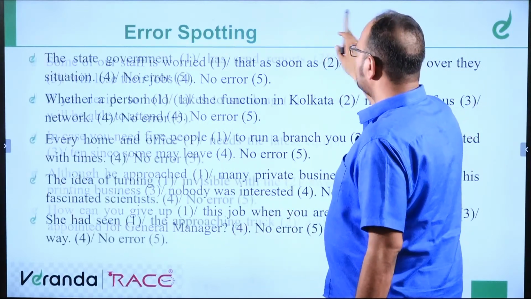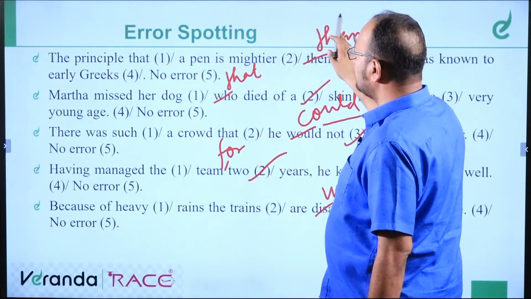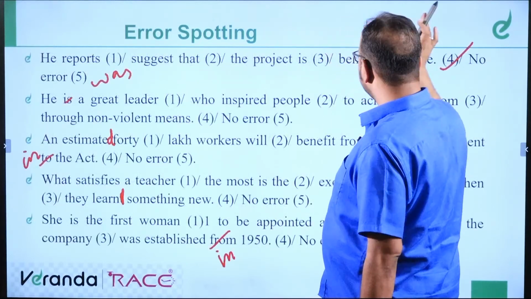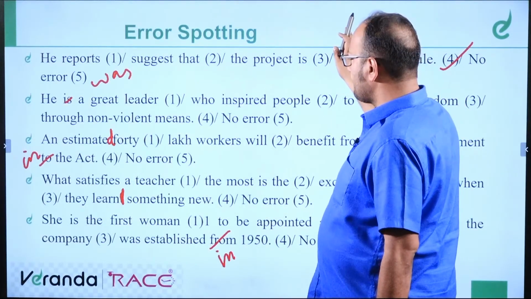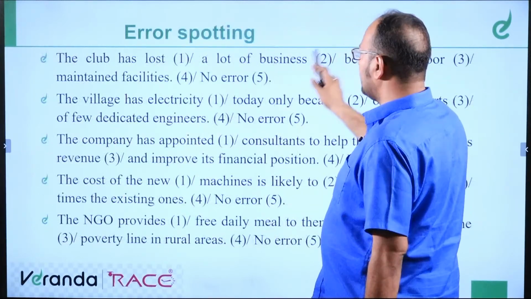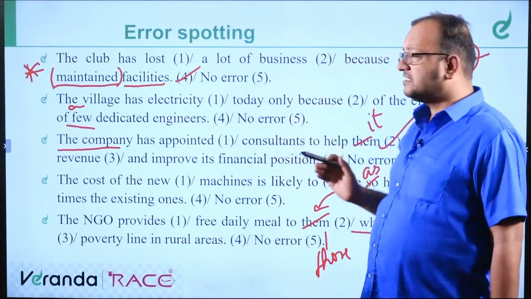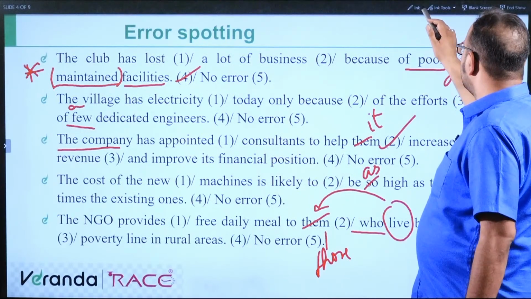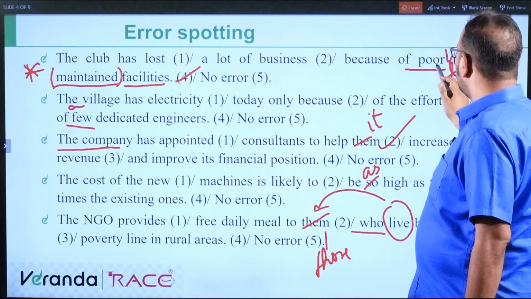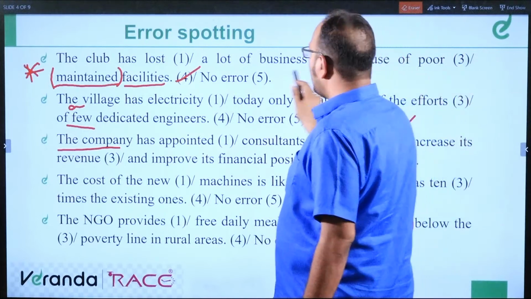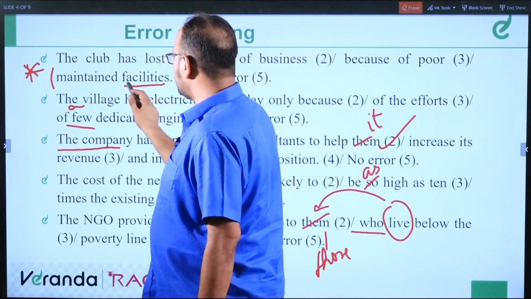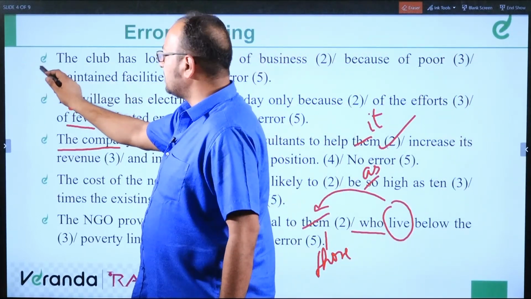Fine. Now let's go back to the question of Ranjit, the first question. I have given you the correct answer, but there's a probability of one more answer to this question.